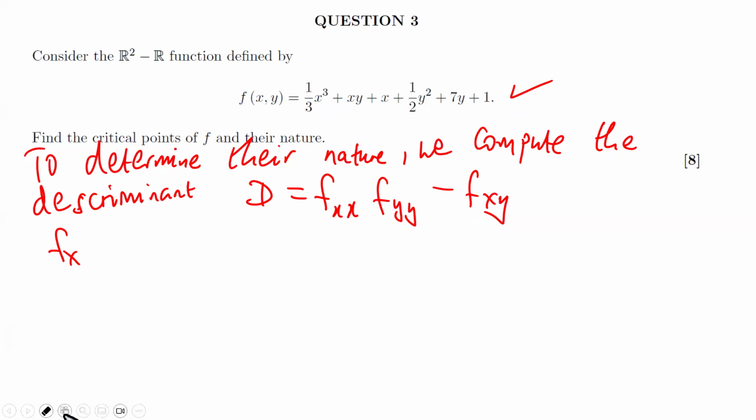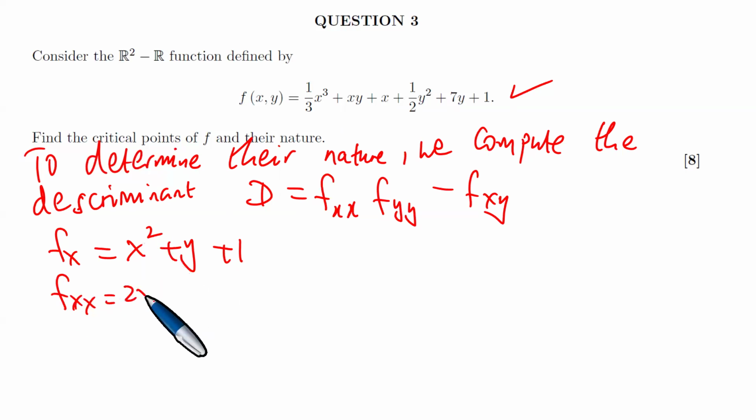Let's find it step by step. First, partial derivative with respect to x, fx alone. Bring down 3. It's going to be x squared. With respect to x, y is 1. With respect to x, 0. You come to this one, which is 2x. Okay, these are 0 with respect to x.